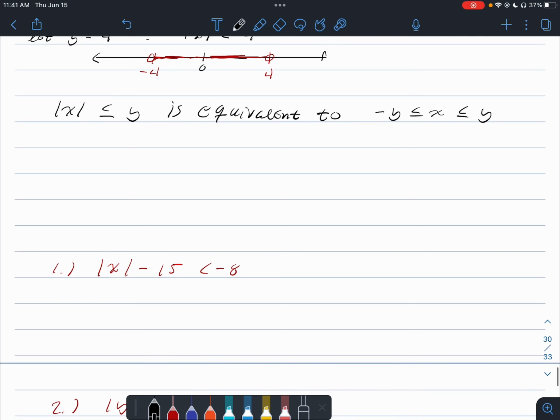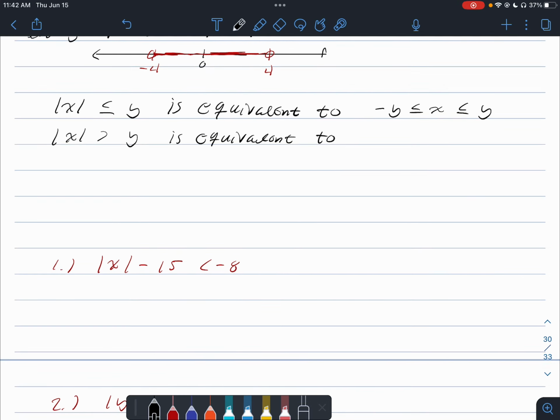Then we also have, if we have the absolute value of x is greater than y, this is equivalent to x is less than negative y, or x is greater than positive y.